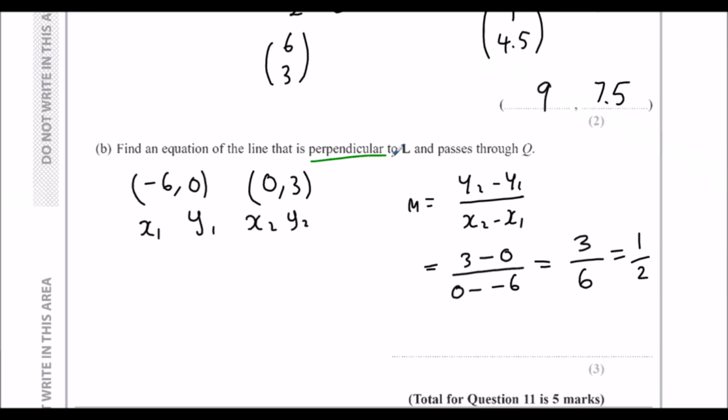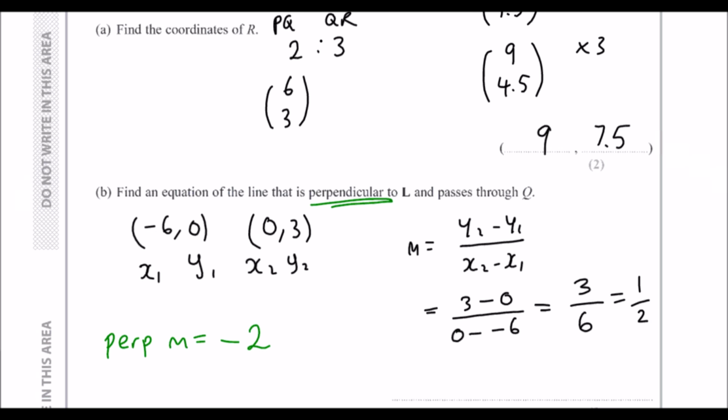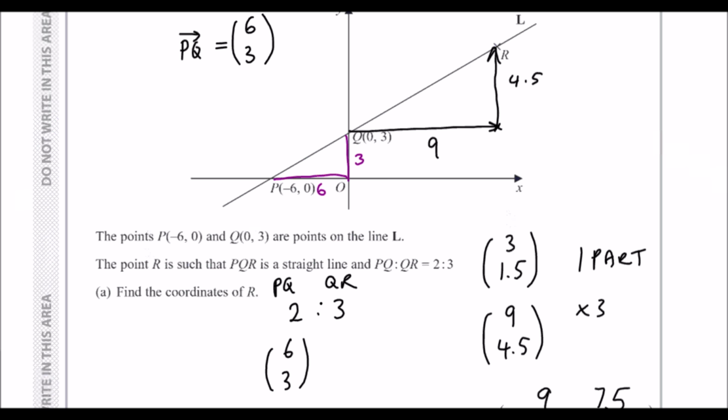For a perpendicular gradient, we want the negative reciprocal of the gradient. So flip and make it negative. So the perpendicular gradient, so 1/2 flipped over is 2/1, or just 2. And the negative reciprocal will make it a negative 2. So any line perpendicular to L is going to have a gradient of negative 2. In order for it to meet at a right angle, the gradient has to be negative 2.